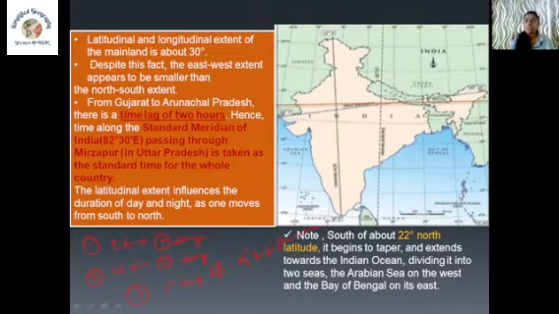Then the difference of 30 degree, in the previous slide we have read that this point to this point difference is 30 degree. So you use simple arithmetic, the unitary method: that 30 degree longitudinal difference will cause 4 into 30 minute time difference.